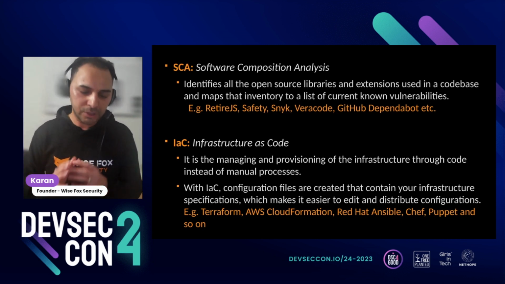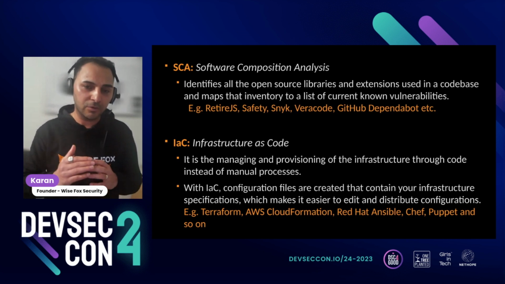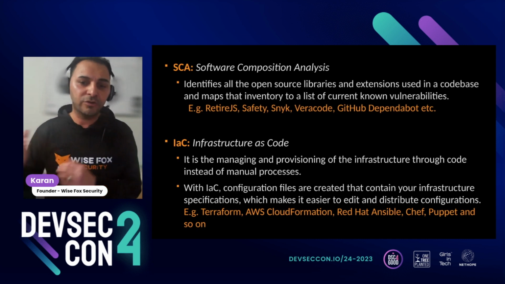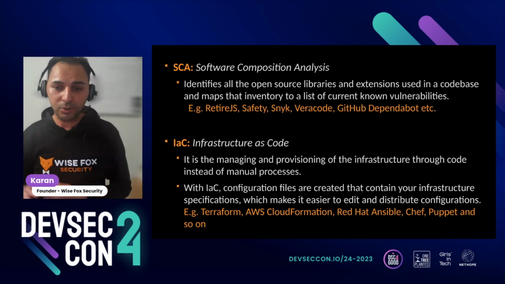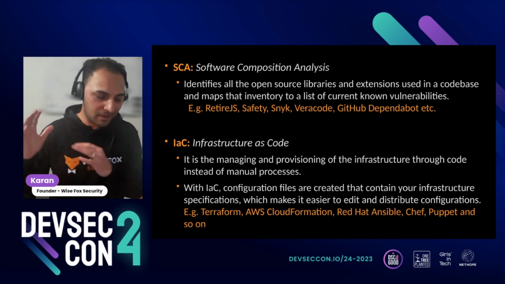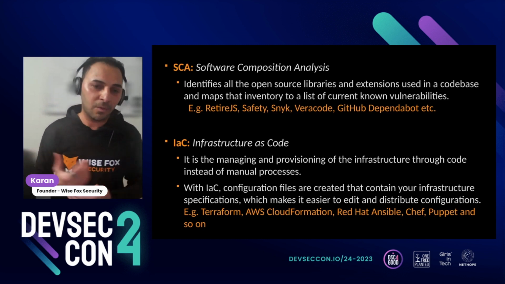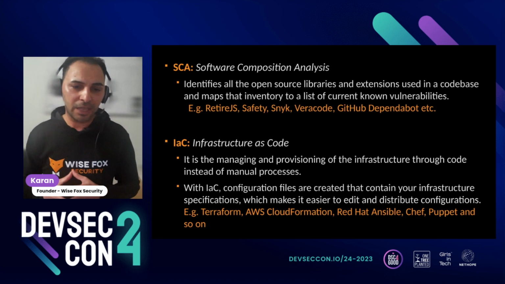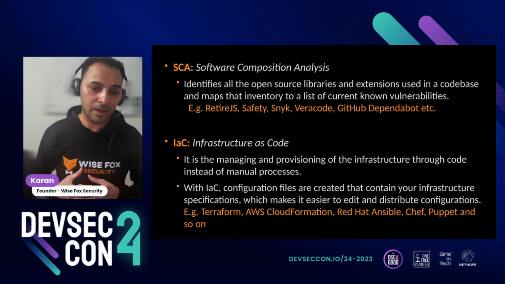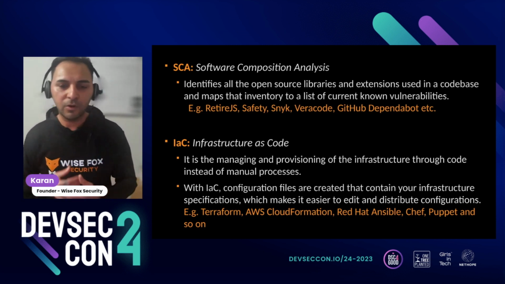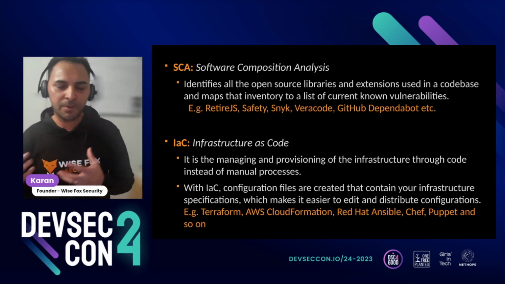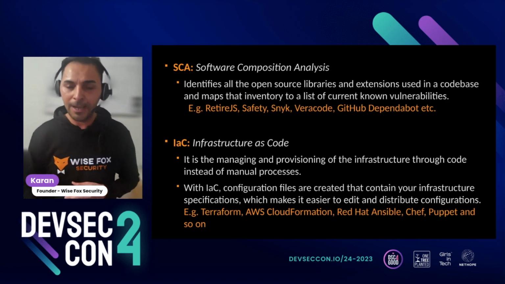All you're doing is writing your code, and with the help of that code and the configuration, you're deploying your infrastructure. Everything that you're deploying is controlled through code. That's why it is called infrastructure as code. You've got some big players in this, like Terraform, which is platform agnostic. Then you've got AWS CloudFormation. You've got Ansible, Chef, Puppet, and a few others.